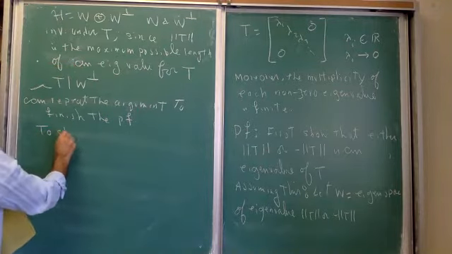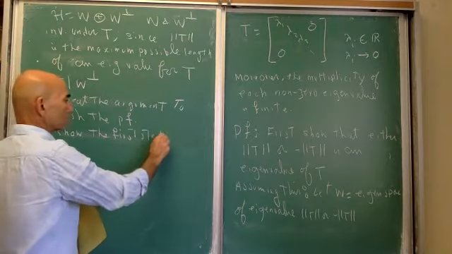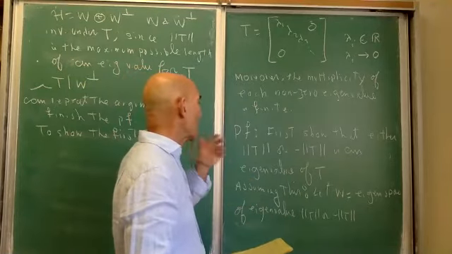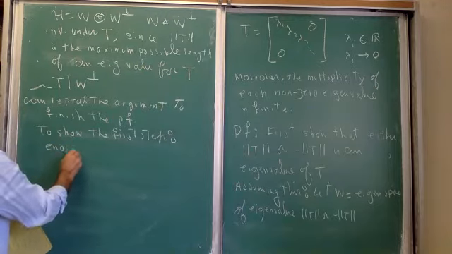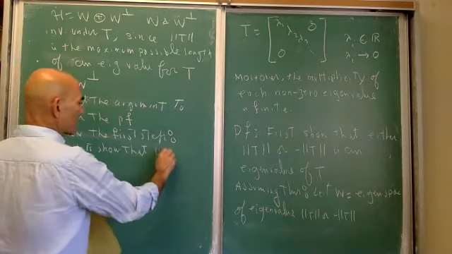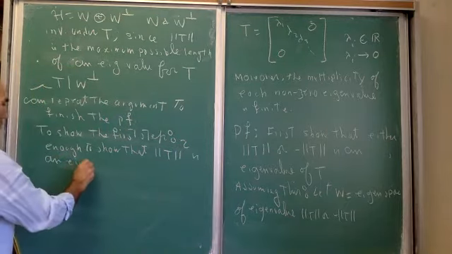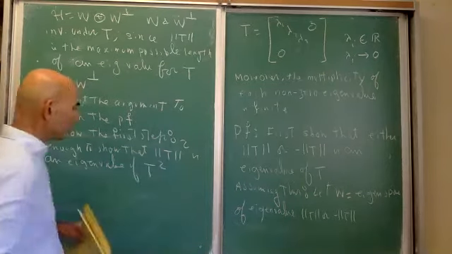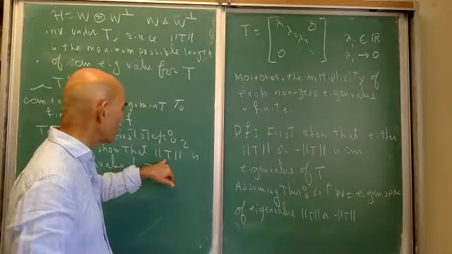So to show the first step, it's enough to show that the norm of T squared is an eigenvalue of T squared. Then here you use compactness.